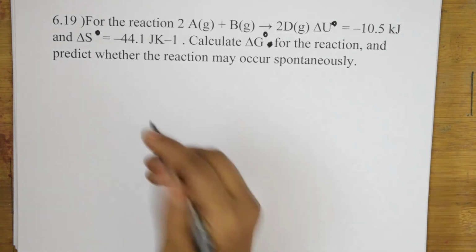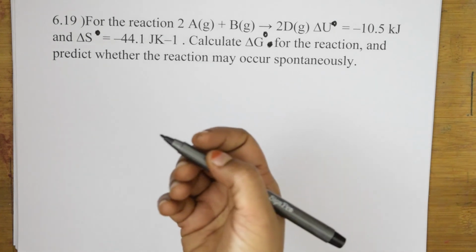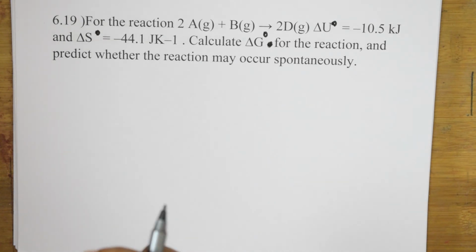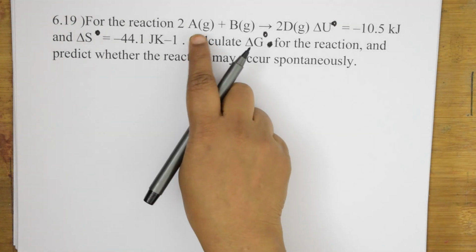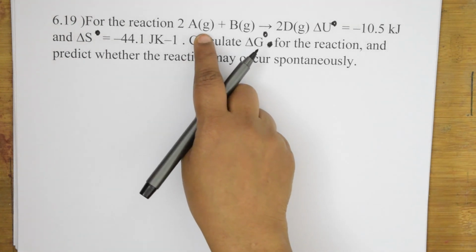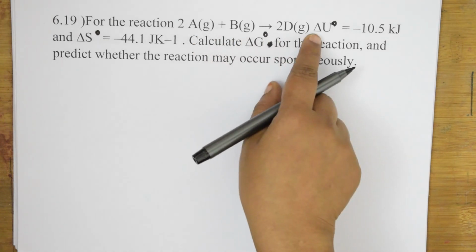Right. So here, what should I find out? I need to basically find out the standard Gibbs free energy change. Here the important thing is, as soon as such reactions are given, your concentration should go here. Why? Because these are gaseous reactants and gaseous products.